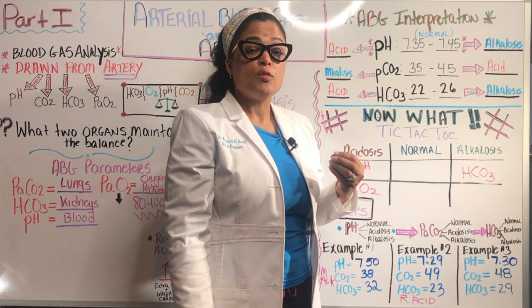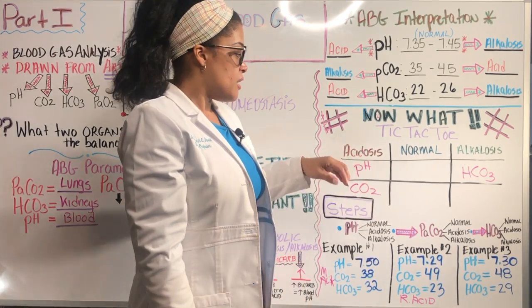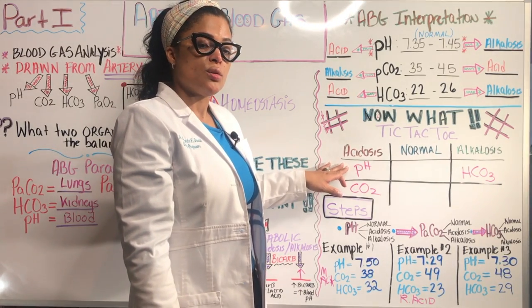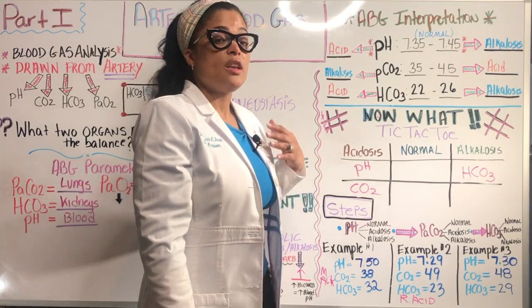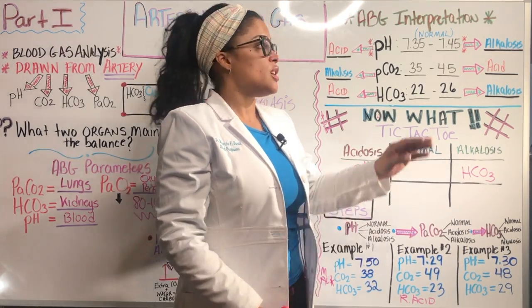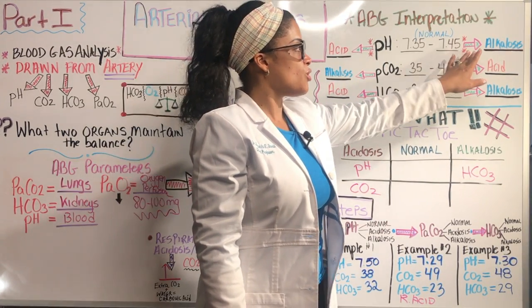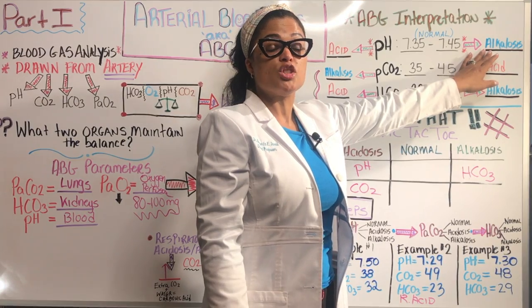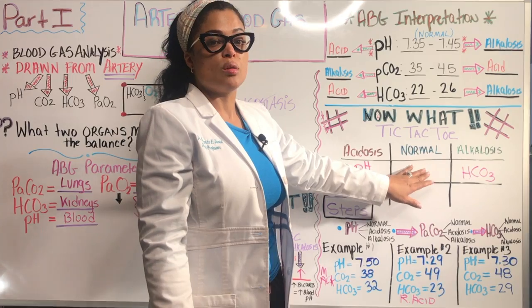Now, if we wanted to see a patient that has full compensation, then what do you think the pH was going to be? At this point, the pH would also change, but instead of changing into less than the 7.35 or greater than the 7.45, which normally would be the case, it would be in the normal range.